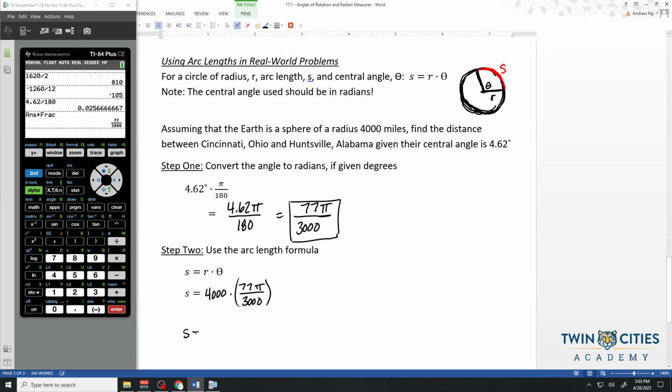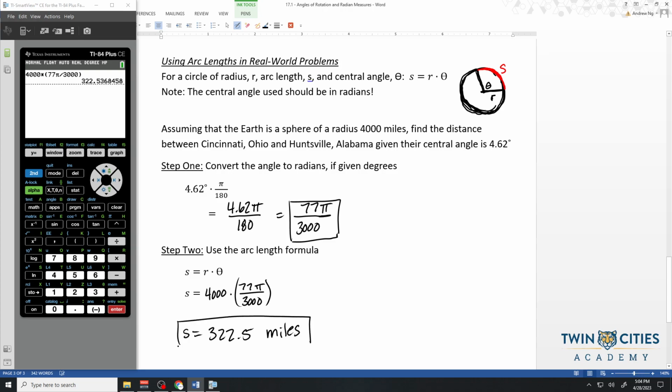So s is equal to, you can just go ahead and put that in the calculator, 4,000 times 77 pi divided by 3,000 is 322.5 miles. It is roughly 322.5 miles from Cincinnati, Ohio to Huntsville, Alabama.